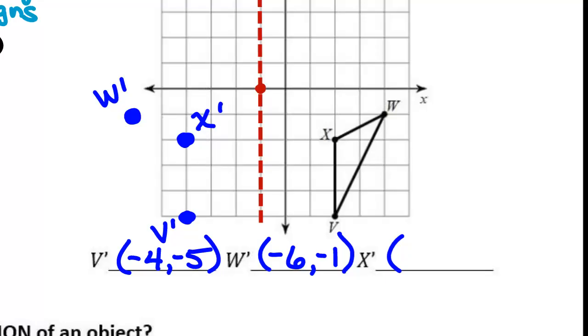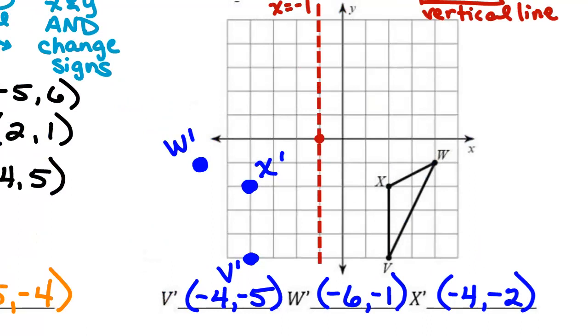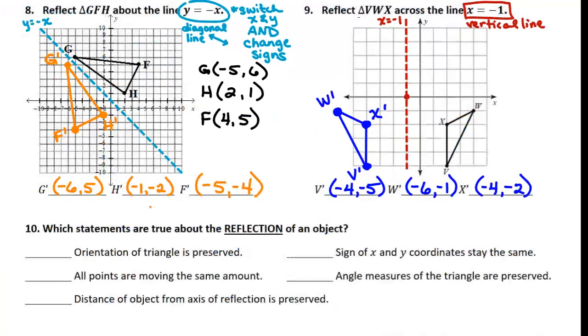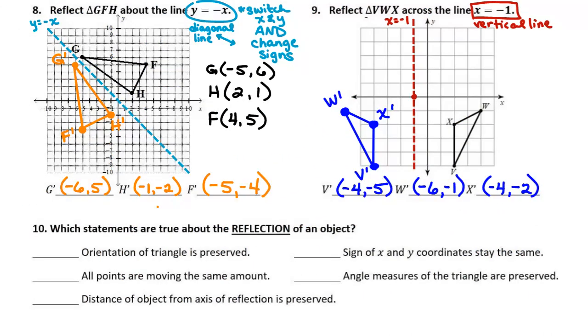What is the ordered pair for X prime? -4, -2, yes. -4, -2. Then we're going to take our straight edge and we're going to connect those points together to make our reflected triangle. Should look like it has been flipped or folded over that line.